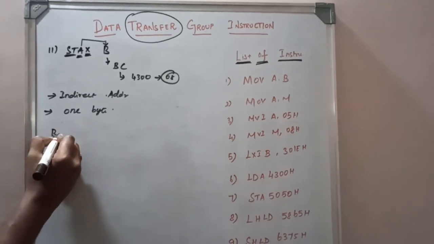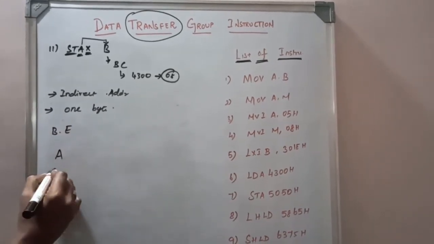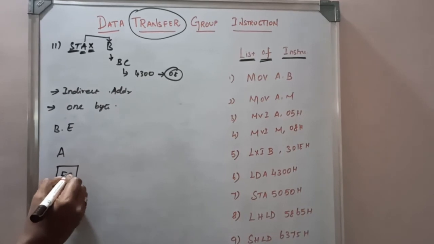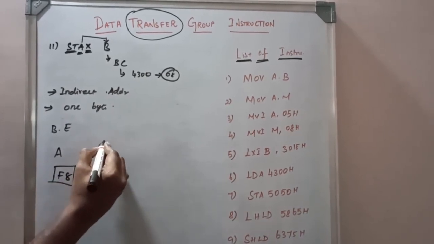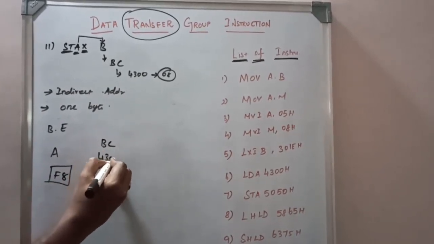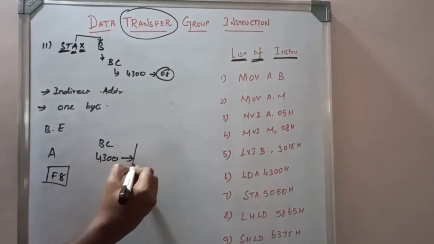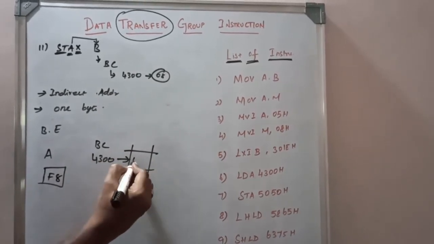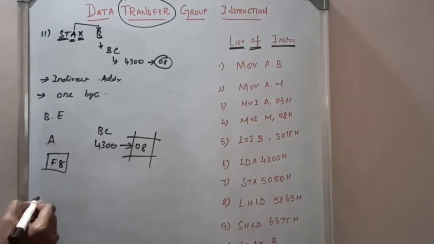Before execution, the accumulator value is F8. The BC pair holds the memory location 4300, which holds one 8-bit data, 08H.